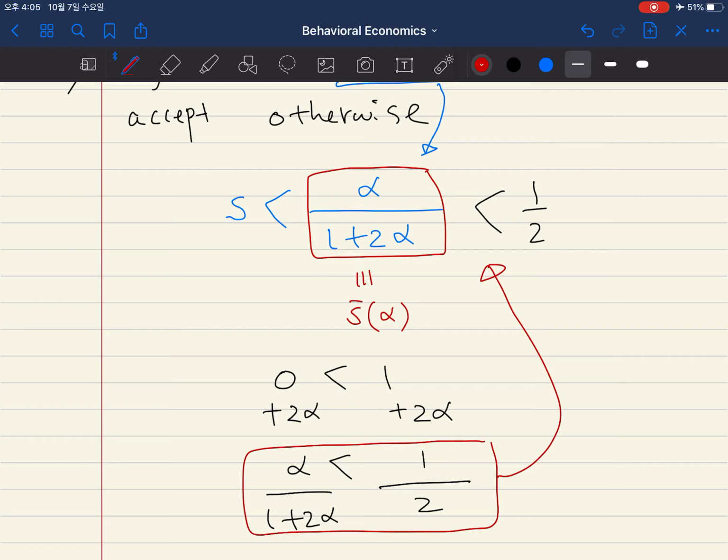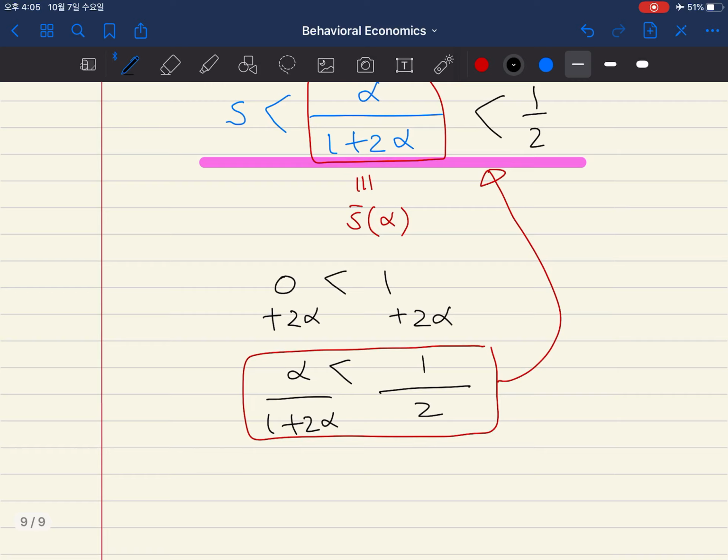So this means this blue inequality is here.